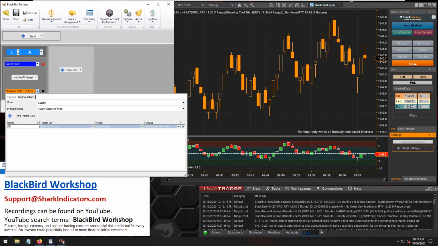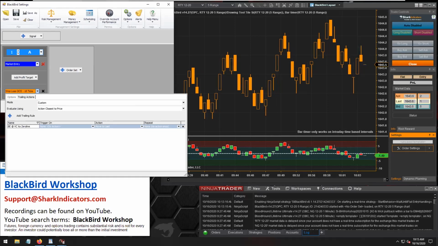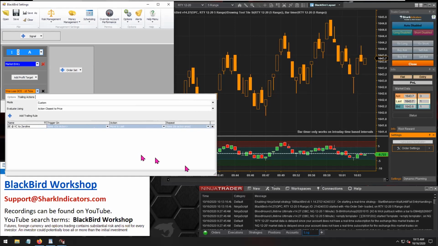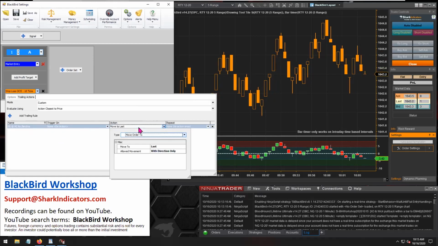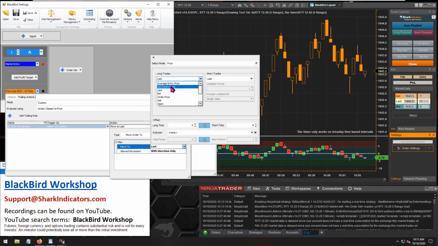We want to break even when the value chart crosses over the 0 line. Before we get into the triggers, let's tackle the action quickly. To move a stop loss to break even, the action is we're going to move the stop loss to the entry price.